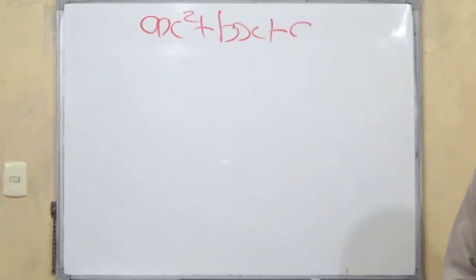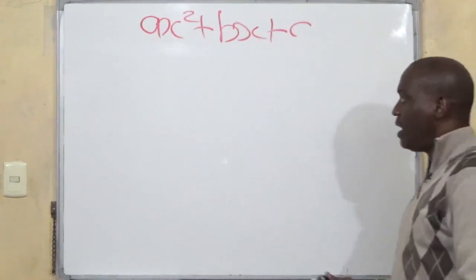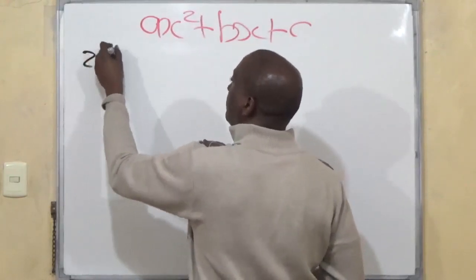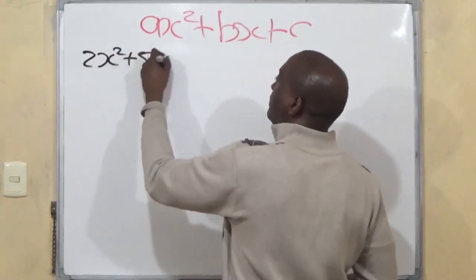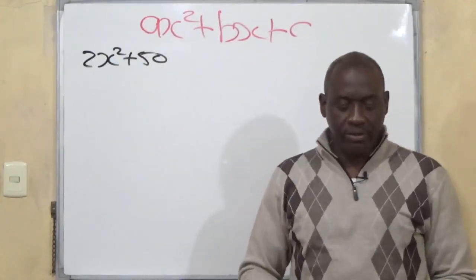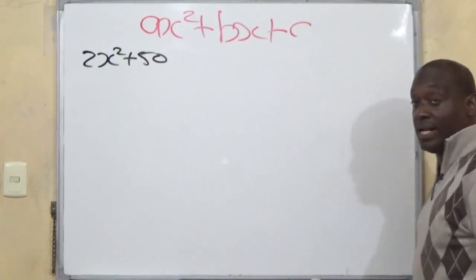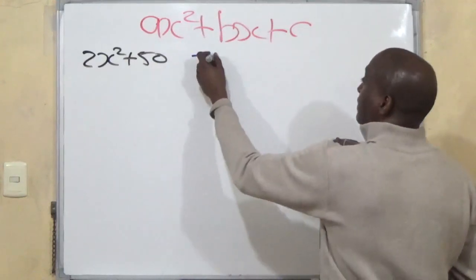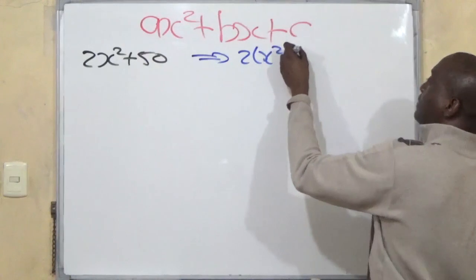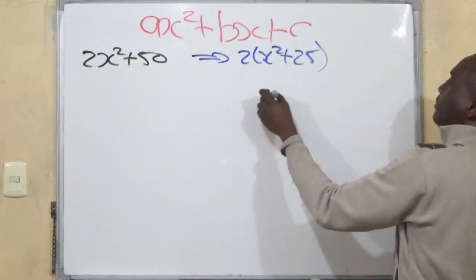Well, listen. If we had to factorize 2x squared plus 50, again, univariate binomial, you could do that in one line and get 2 into x squared plus 25. No problem.